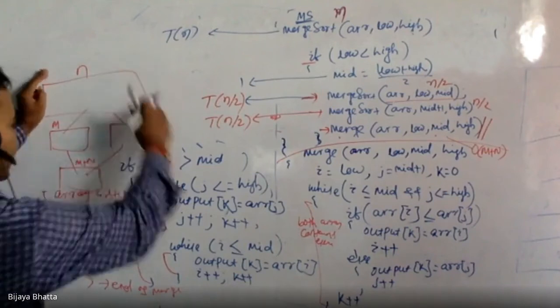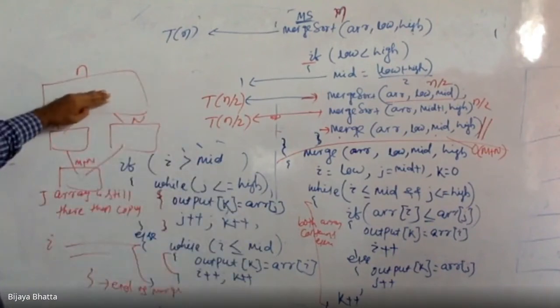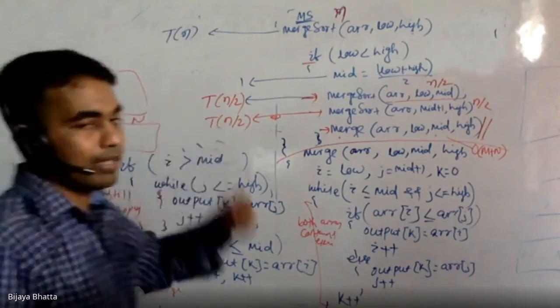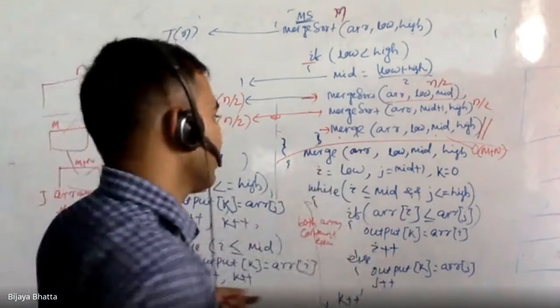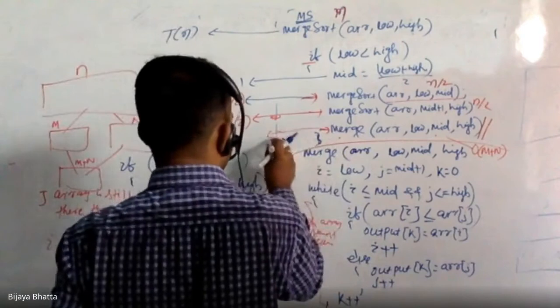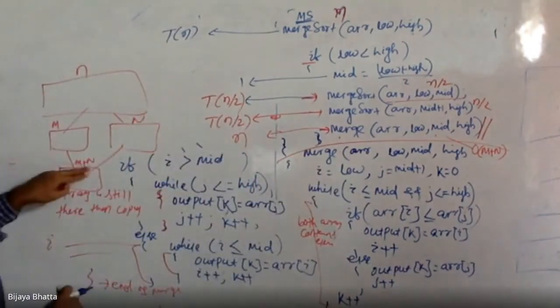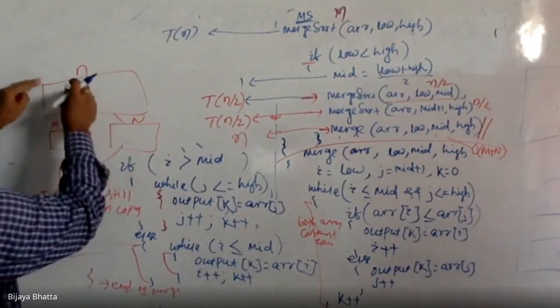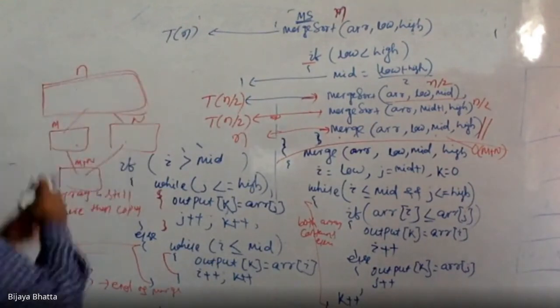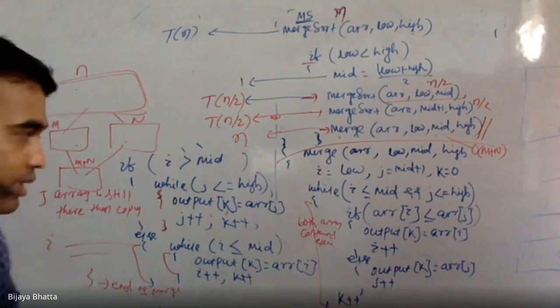Suppose the original size was n, because we are assuming the size of the given input array is n. So this merge is going to take n time complexity. In the worst case, it is going to be n, that means the original array. That's what I'm checking, the worst case time complexity.